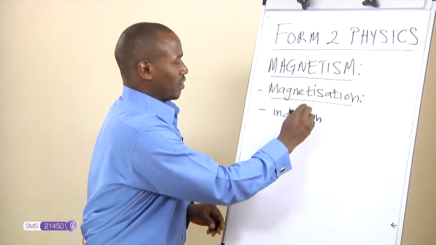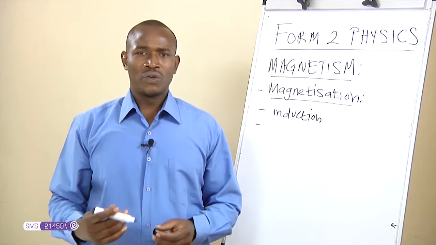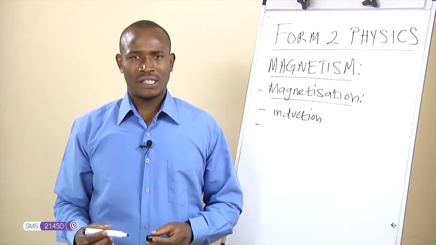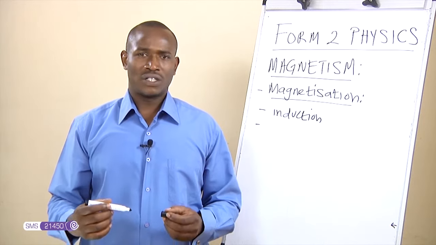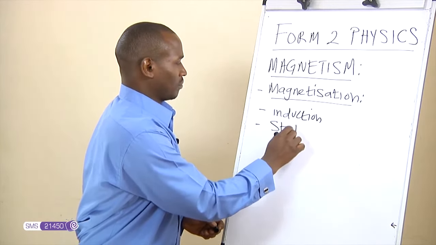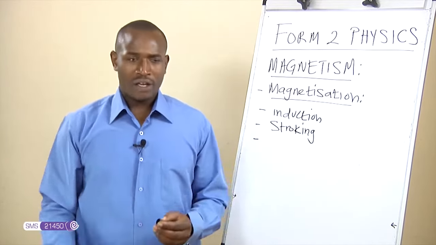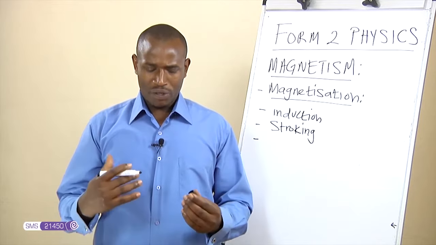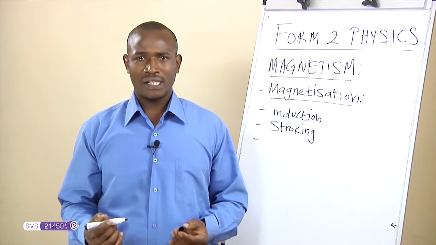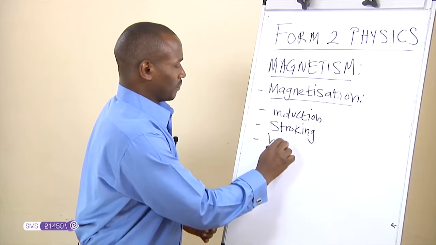The second method which can be used to make a magnet is stroking. The third method is hammering.